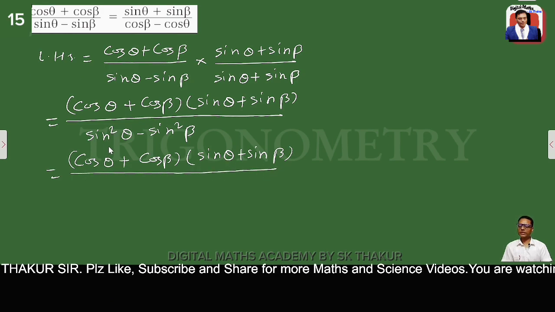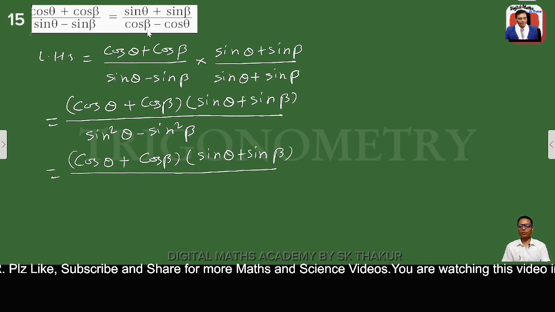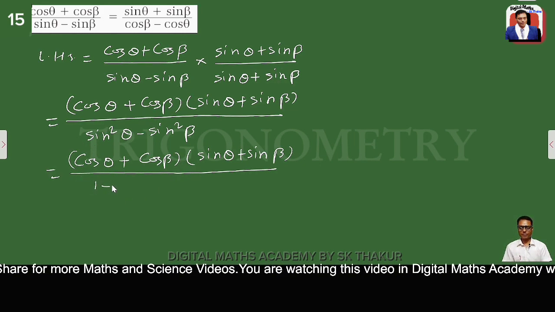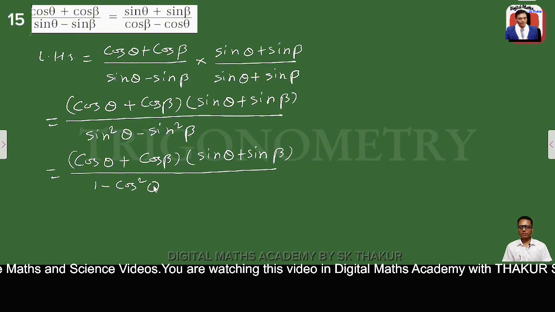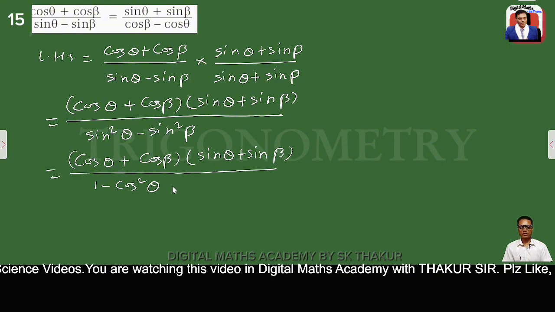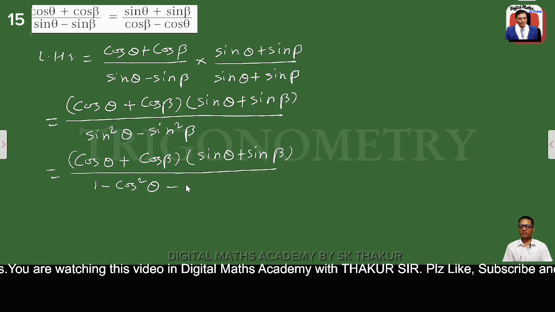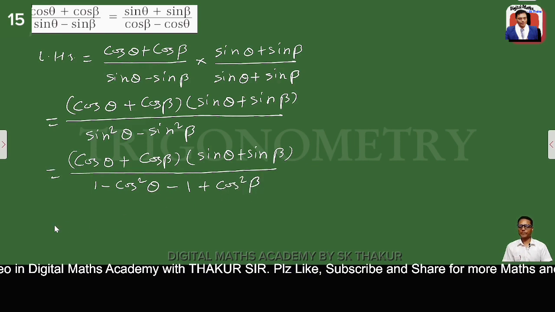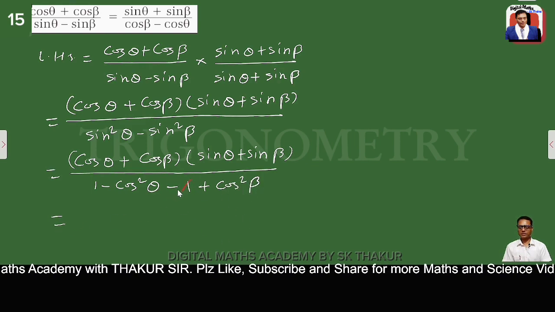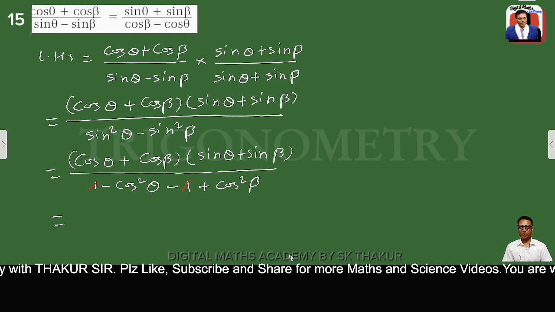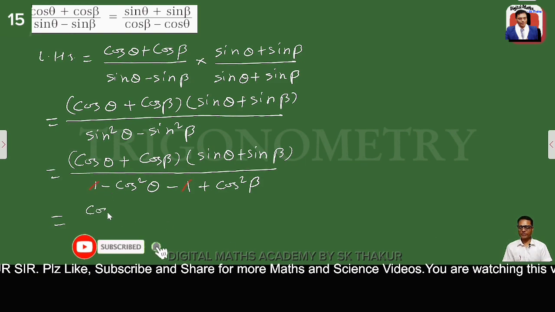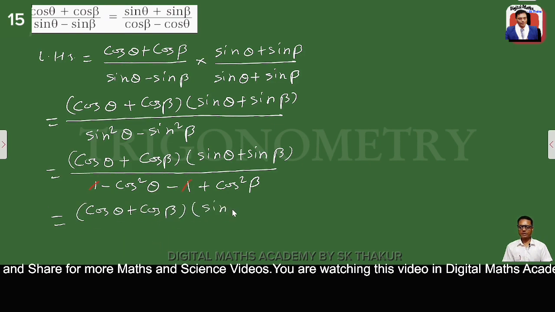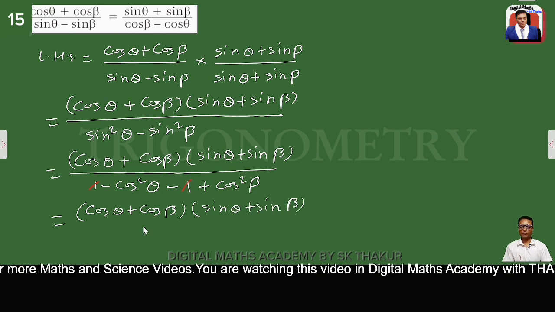Now we are going to change sin² into cos² because we have cos only on the right hand side at the denominator. So sin²θ gives us 1 − cos²θ, and sin²β gives us 1 − cos²β. Since there is a minus, we change the sign, and then we write plus cos²β. Now plus 1 minus 1 will cancel, and we write the numerator as it is: (cosθ + cosβ)(sinθ + sinβ).